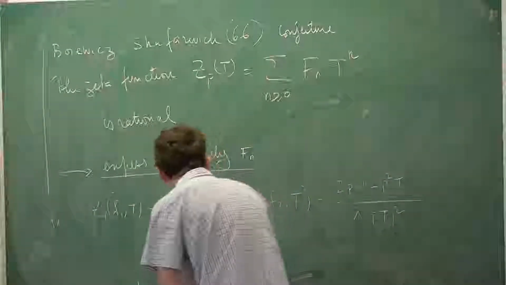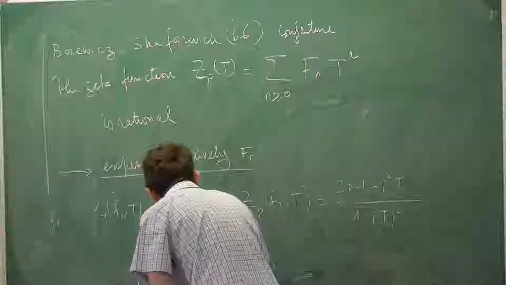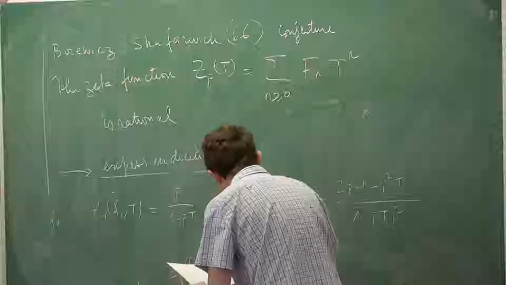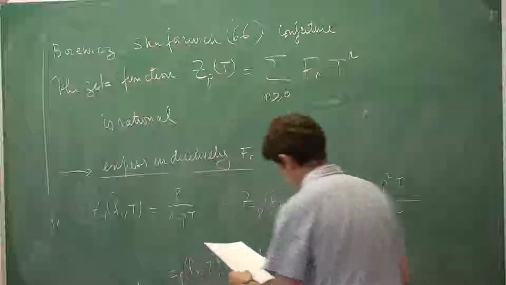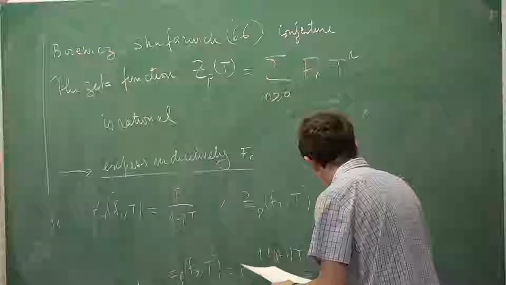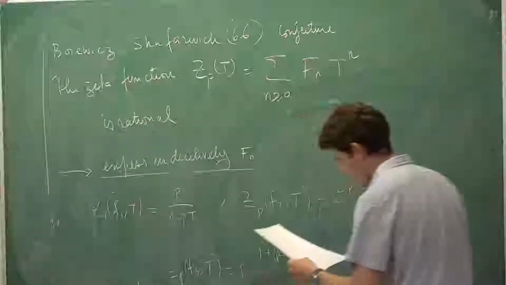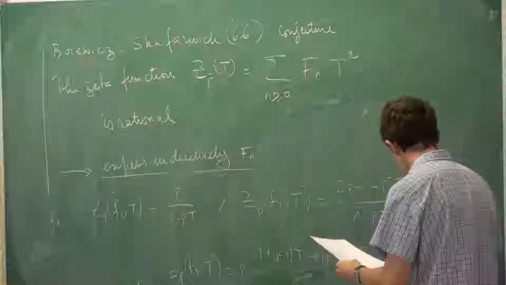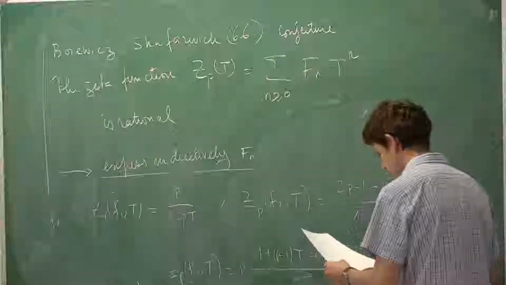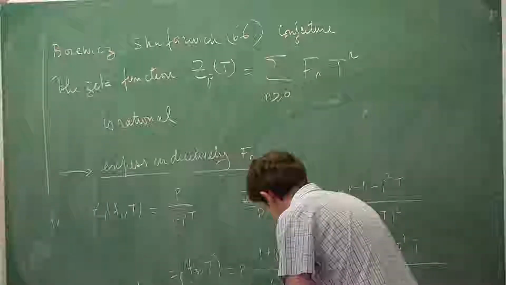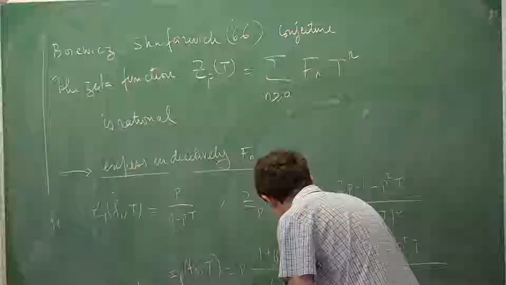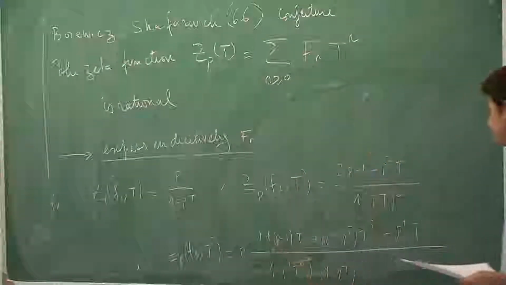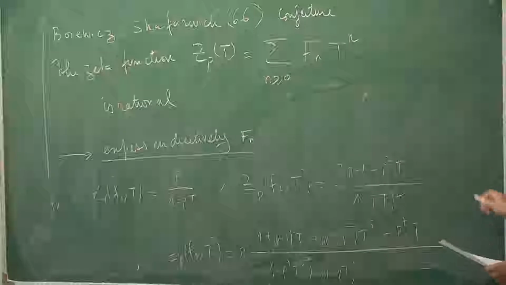And for f3, you have p(1 plus (p minus 1)t plus p^6 t^5 minus p^7 t^6) divided by (1 minus p^7 t^6)(1 minus pt).